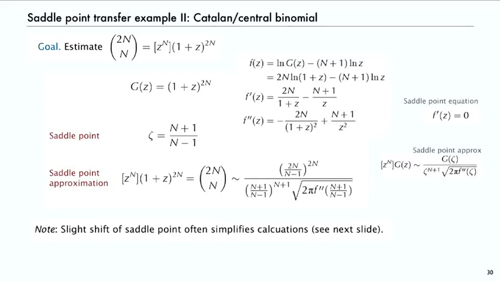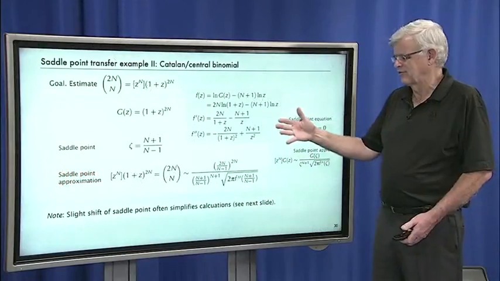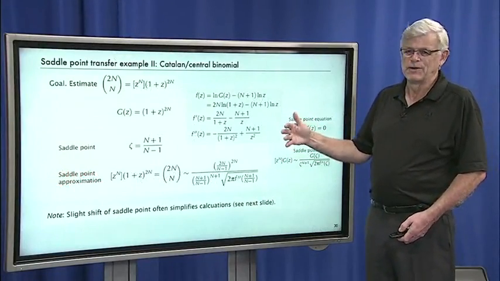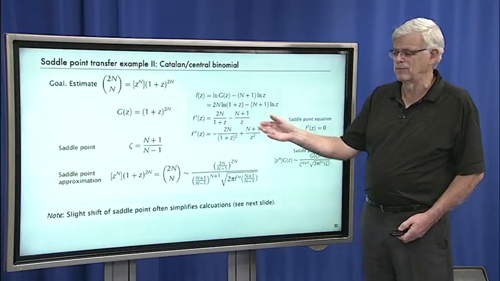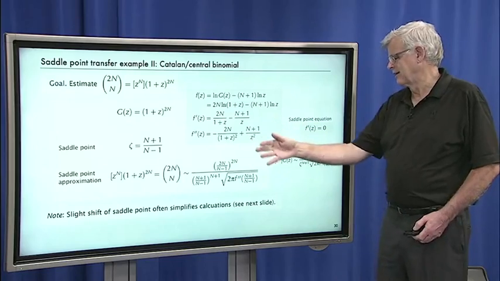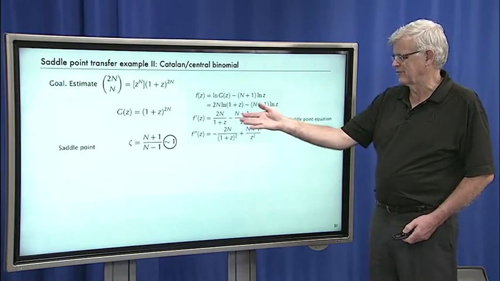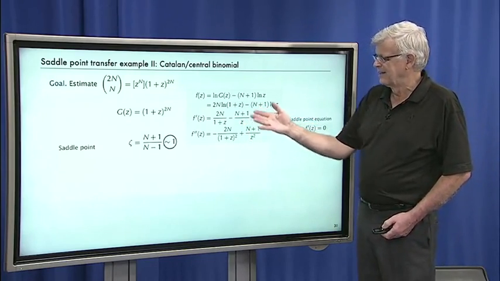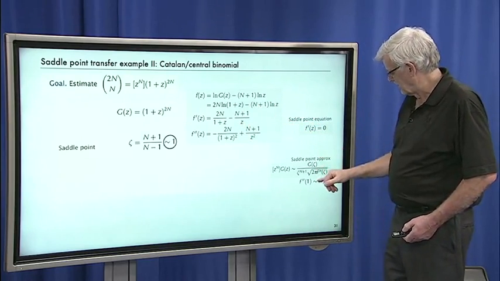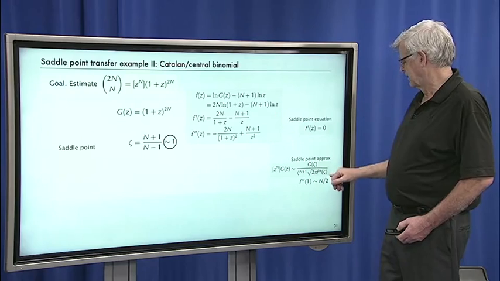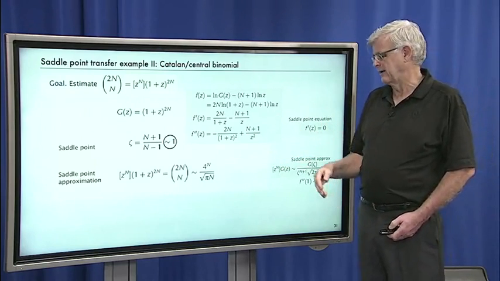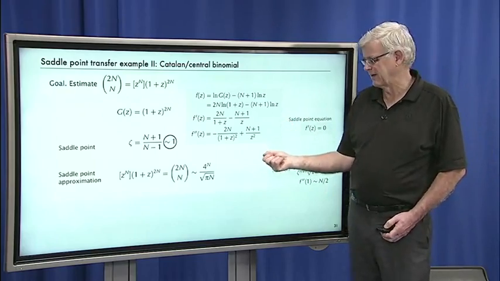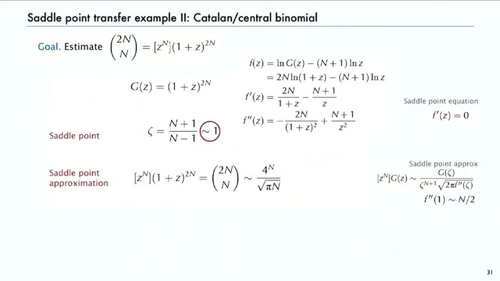But remember, it's okay to shift the saddle point if you want to simplify the calculations. And this one is really close to 1. So rather than go through an estimate of those, let's just use 1. If we say the saddle point is 1 and plug it into this equation, then we immediately get out 4 to the n over square root of pi n, as expected.